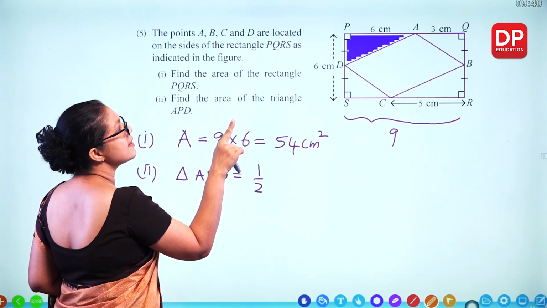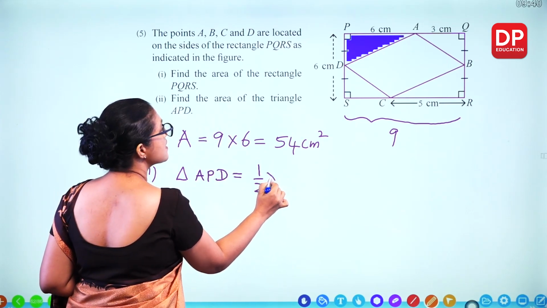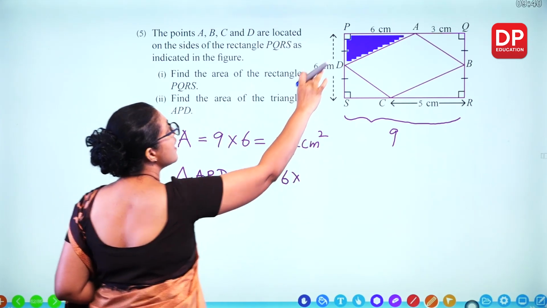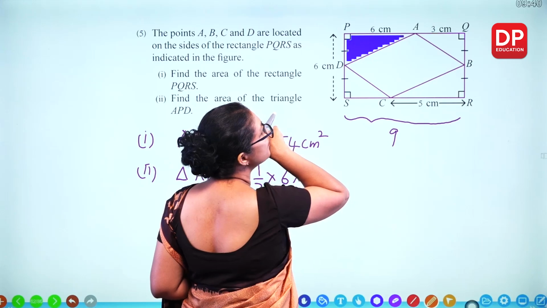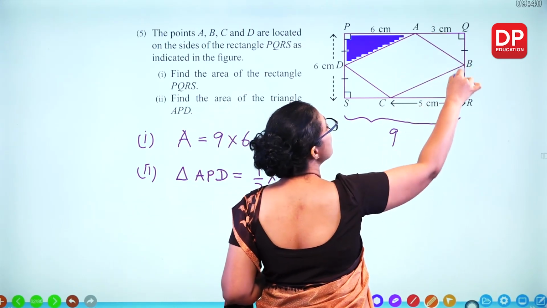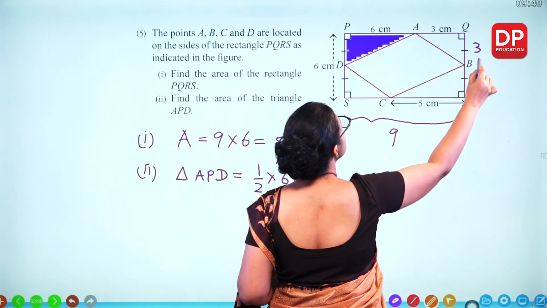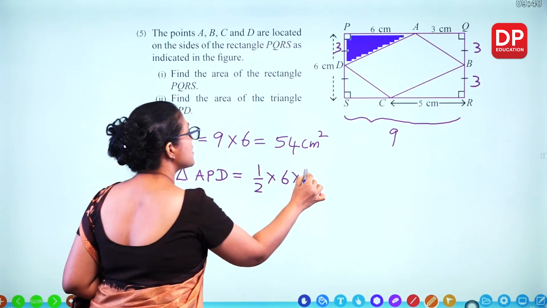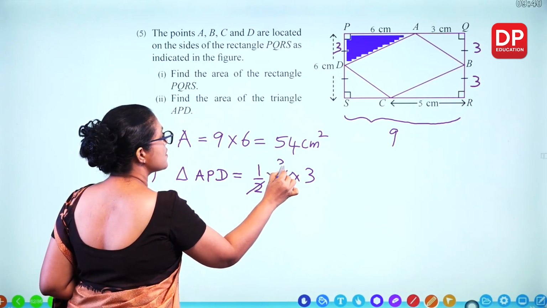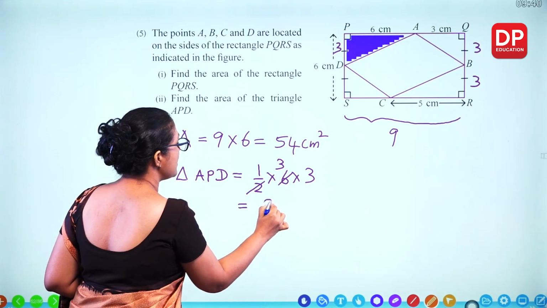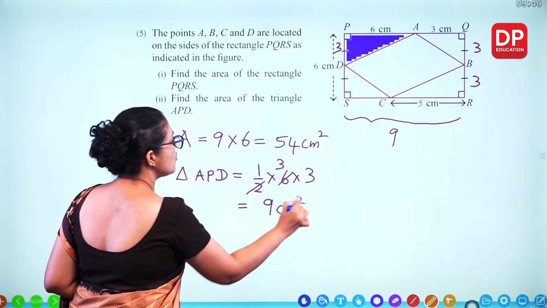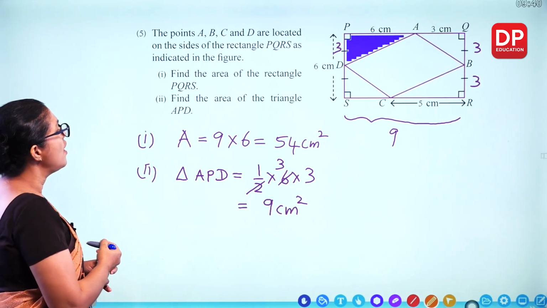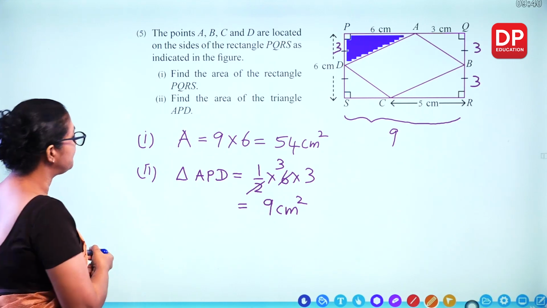You can take base length as 6 and the perpendicular height is this. So what's that value? This is equally divided, so this means 3. 6 divided by 2. So this is also 3. So half times 6 times 3. 2 times 3. 3 times 3, 9. 9 square centimeters for the APD area.